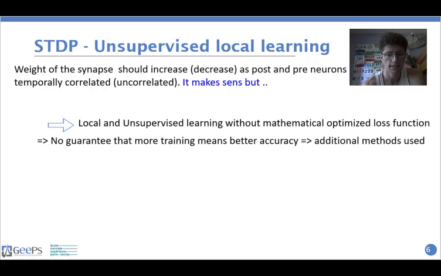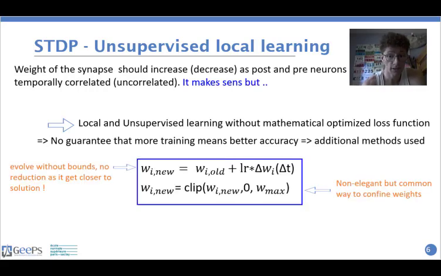In fact, it's because, for instance, nothing in the function enables it to limit the weight. So the weights can vanish or they can explode without any bounds. And so a clipping function is often added into the algorithm in order to limit the weight evolution between a minimal and a maximal value.